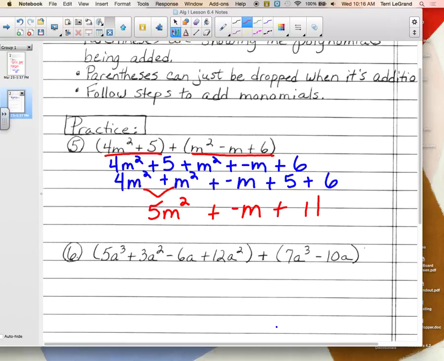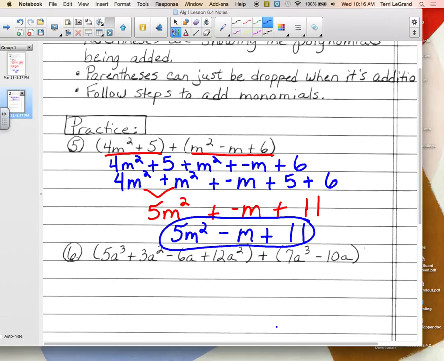Is that how we're going to see it in an answer bank? No. You change that plus the negative to this minus m. So 5m squared minus m plus 11 would be our final answer.